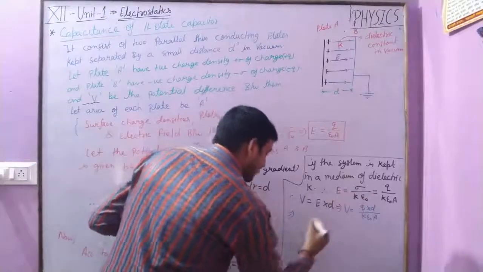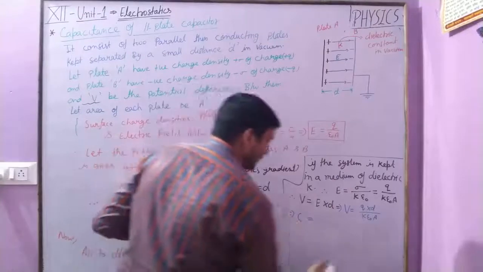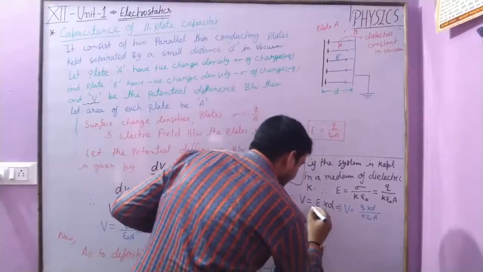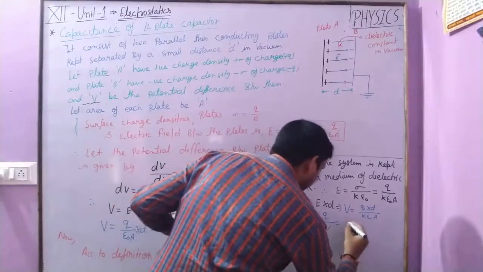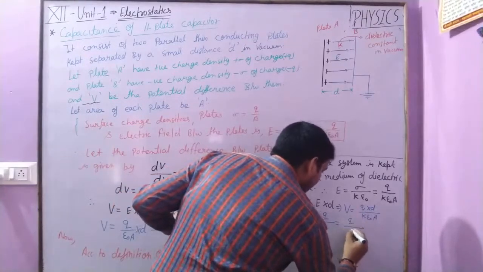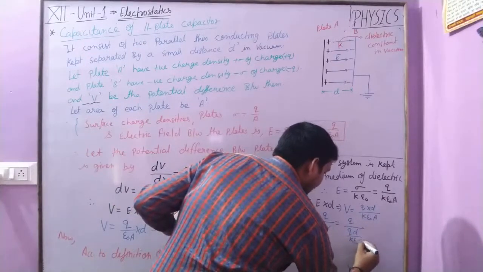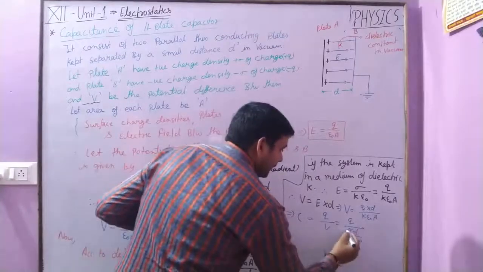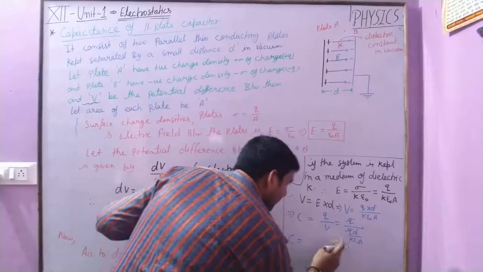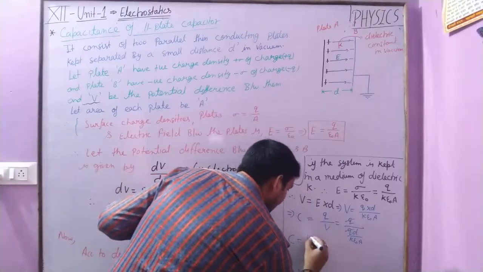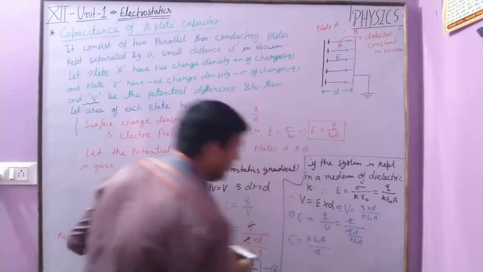Here the capacitance in a medium of dielectric constant K is called C, which is equal to Q upon V. By using this value here, we get QD upon K epsilon naught A. Now here Q is cancelled and we get the result K epsilon naught A upon D.